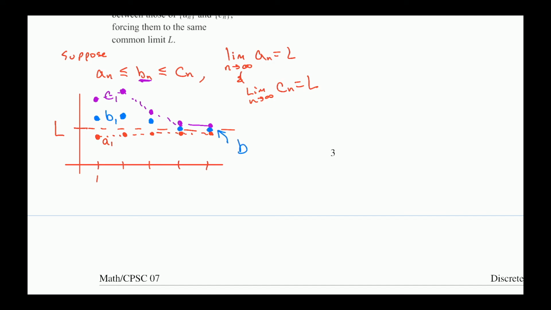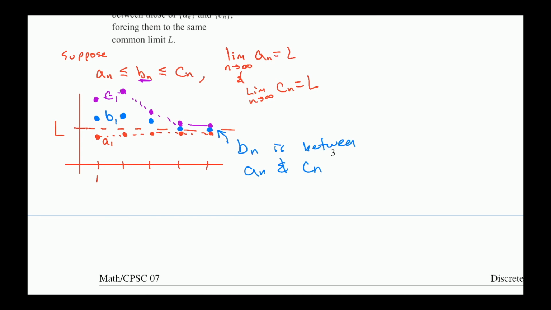So the B's are always between the AN and the CN. And so hopefully you can see what happens is if the purple dots are going to L, and the red dots are going to L, and the blue dots have to be between them. Well, if you're between two things that are going to L, you must also go to L.